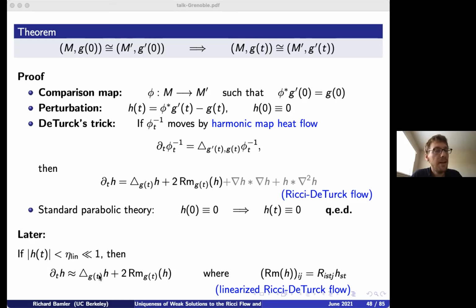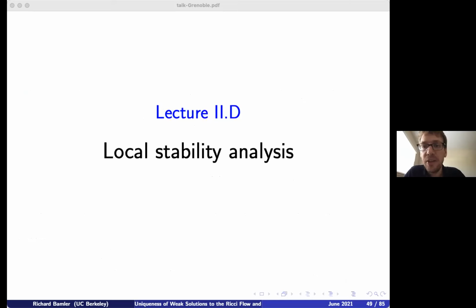The idea will be the following: to first look at this linearized Ricci-DeTurck flow, understand this more precisely, then make statements on the nonlinear Ricci-DeTurck flow, and then use this to make statements on comparisons of two different Ricci flows. Okay? And so with this being said, let me move to the local stability analysis. This will be maybe a bit more complicated, but I'll try to run through this slowly.